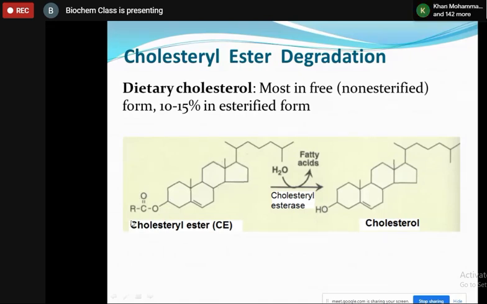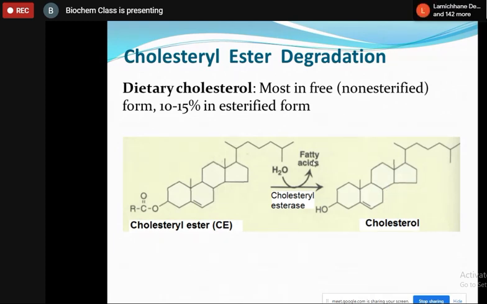So this cannot be absorbed. The cholesterol ester needs to be converted back to cholesterol and release one free fatty acid. So cholesterol esters are hydrolyzed by pancreatic cholesterol esterase, which produces cholesterol plus one free fatty acid.